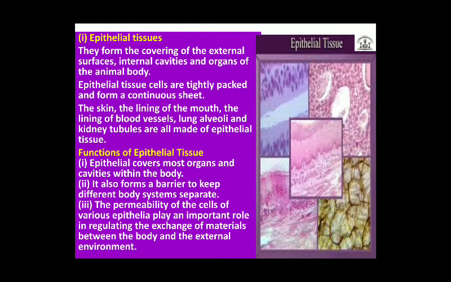This epithelial tissue allows certain substances to pass through and stops others. Certain substances like, as we discussed, sweat, which is present inside the body and is secreted through the skin.